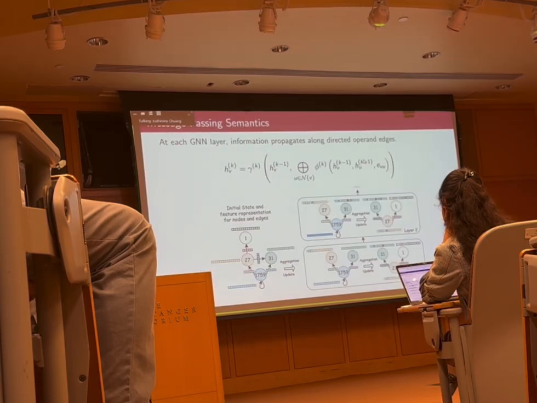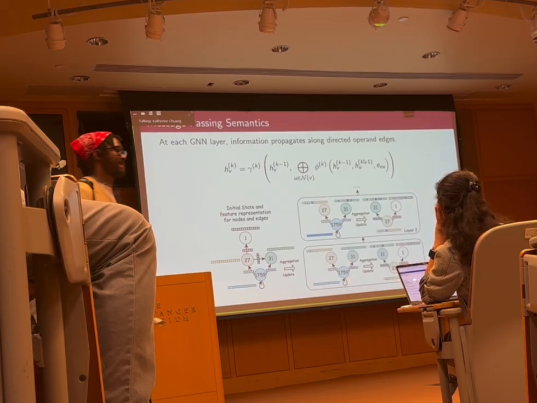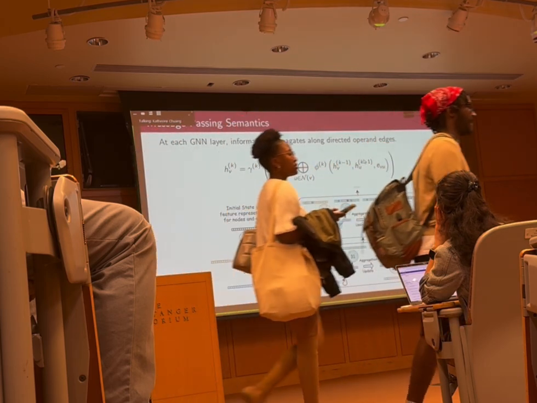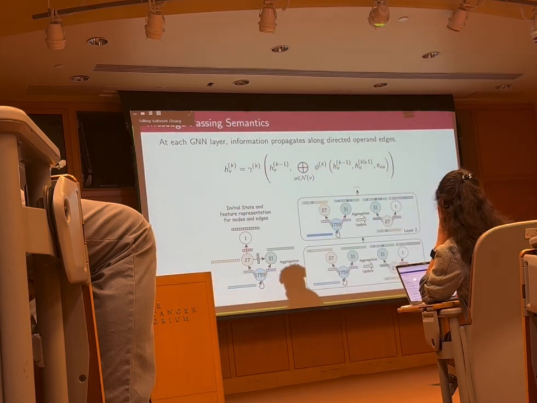And this is an overview of the message passing semantics. This formula is copied from the original paper, and what I want to demonstrate is the message passing process. Here we have the initial state, right? And at the nodes and edges, we have a sequence of blocks there, like the green one, the yellow one, the blue one.